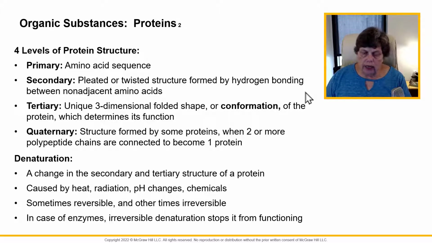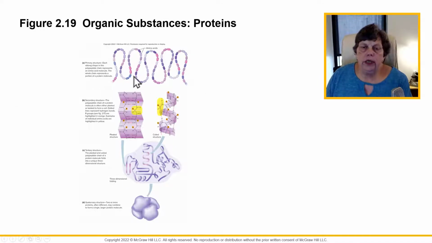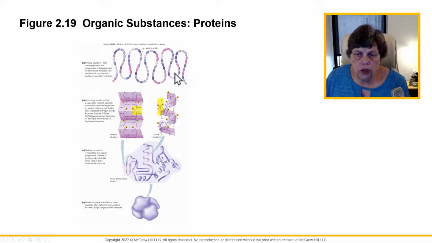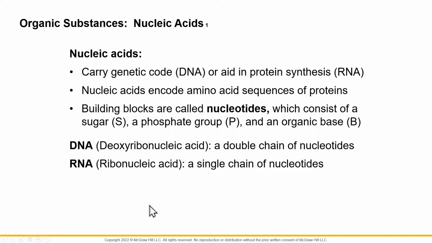So when we talk about enzymes, which are proteins, if you have denaturization, that protein can no longer function, and we'll talk about that. But here is our primary structure. Here's that secondary structure. There's your twist, there's your pleats, and they all fold together, and this is your tertiary structure, and then you finally get several together and you get a quaternary structure.